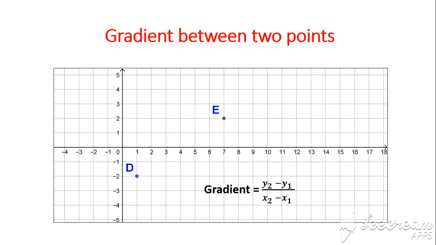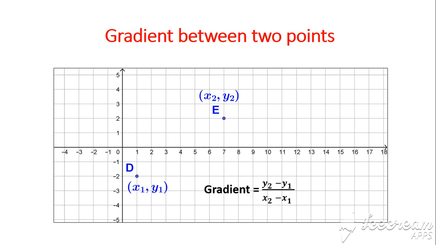So let's show you how the formula works. We've got 2 points. Our first point, which is across in the x direction and up and down in the y direction, has a coordinate x1, y1. Our second point is also across in the x direction and up in the y direction, and it has the coordinate x2, y2.